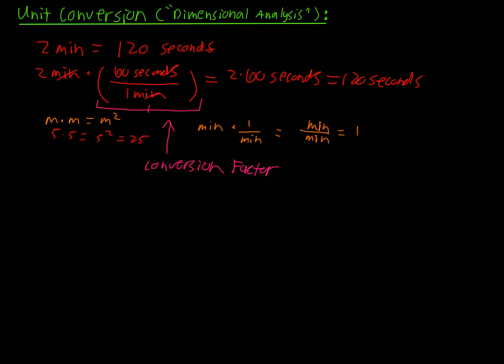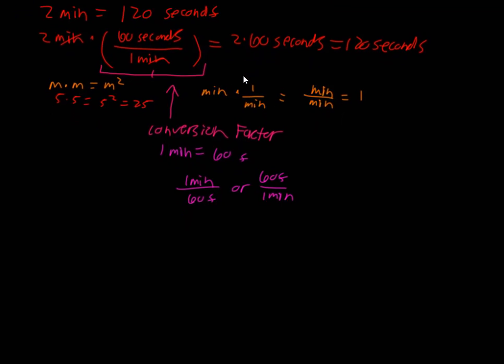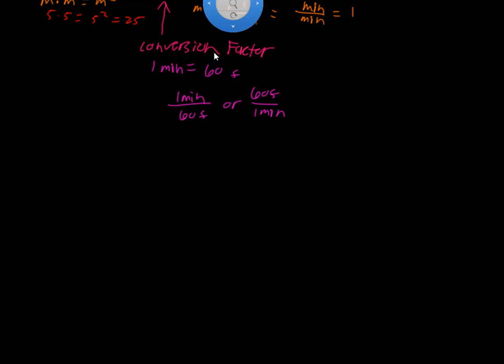In this case, we had 1 minute equals 60 seconds, and I'll just write seconds as S, as we normally do. Then we took this equality and made it a fraction. There are, of course, two conversion factors that we can always make. It can be 1 minute over 60 seconds, or 60 seconds over 1 minute, depending on what our final unit should be.